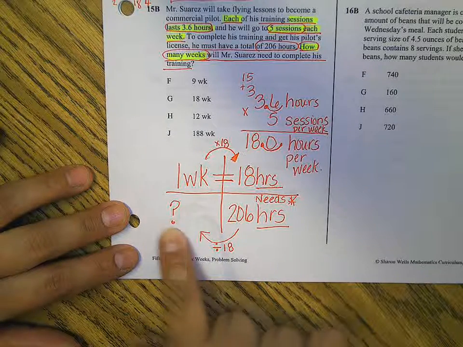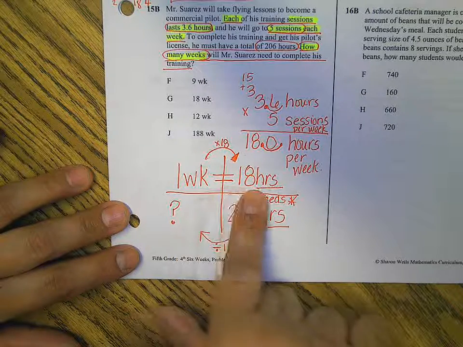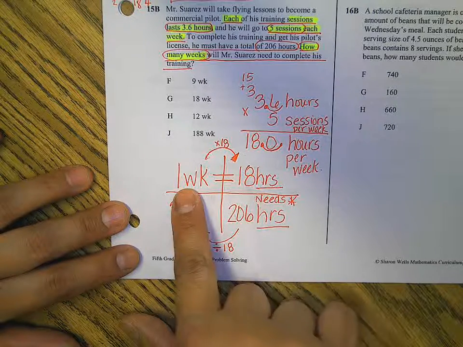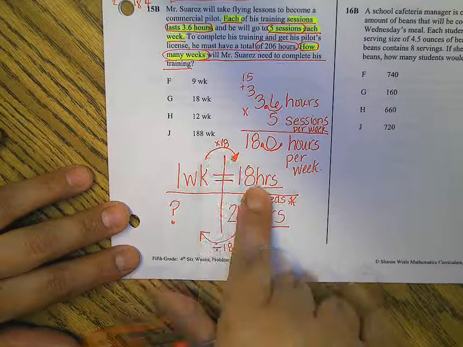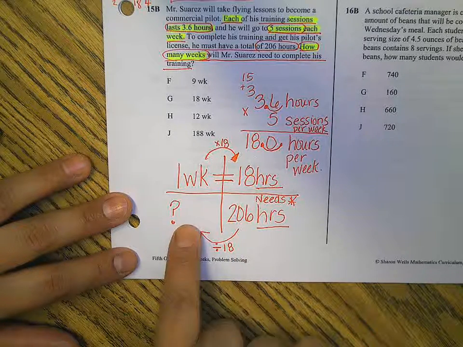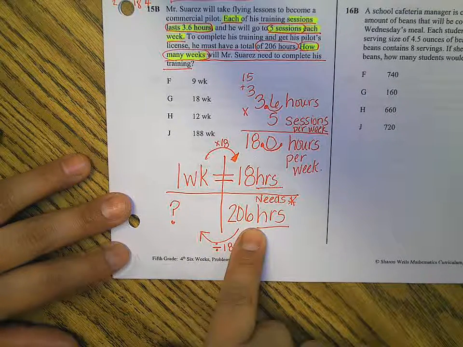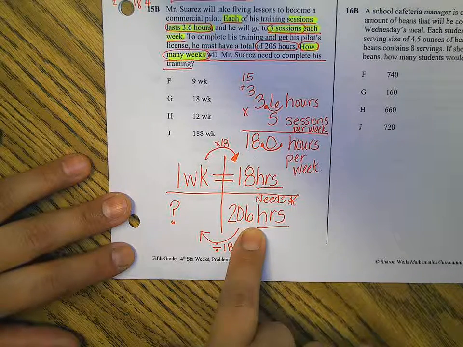Well, this is where the question mark is. We don't have this information, do we? But on the top of my T-chart, I know that going from 1 week to 18 hours, I take my 1 times 18 and it'll give me 18, right? On the bottom, can I multiply nothing times 18 to get 206? No. But I can work backwards.